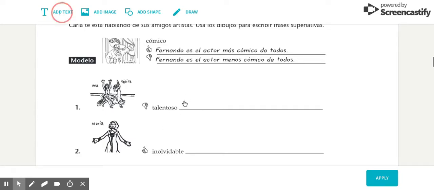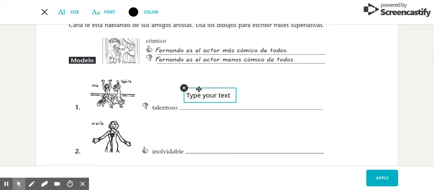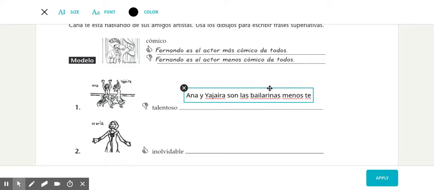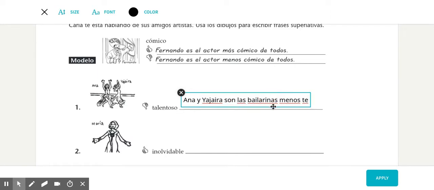So we add text there. Ana y Yajaira son las bailarinas menos talentosas.